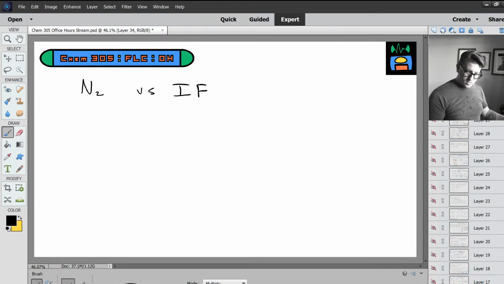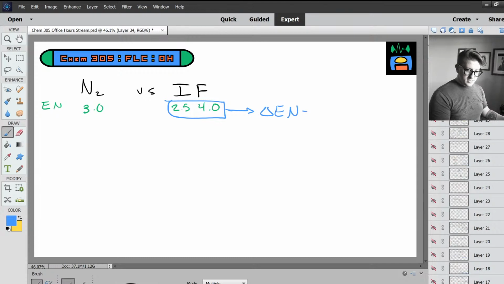So electronegativities: nitrogen is 3.0, iodine is 2.5, fluorine is 4.0. So here, the electronegativity difference is 4.0 minus 2.5, which comes out to be 1.5.